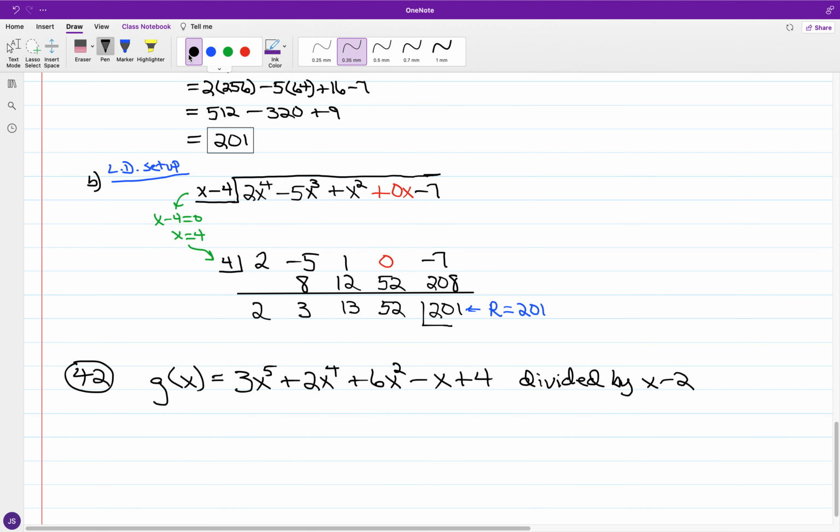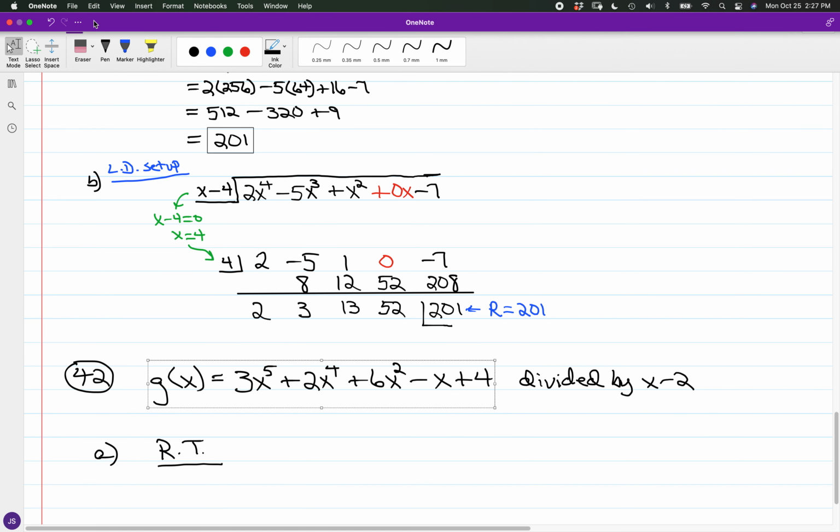All right, so once again, in the case of part A, by the remainder theorem, this is our dividend.